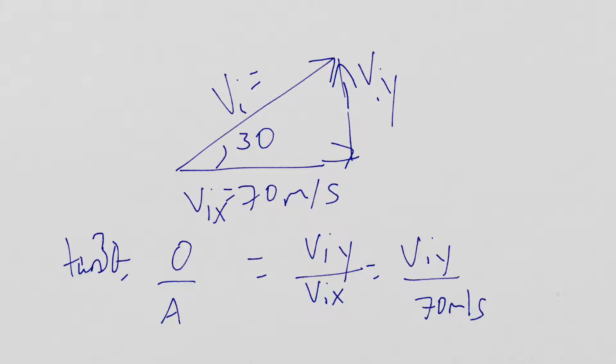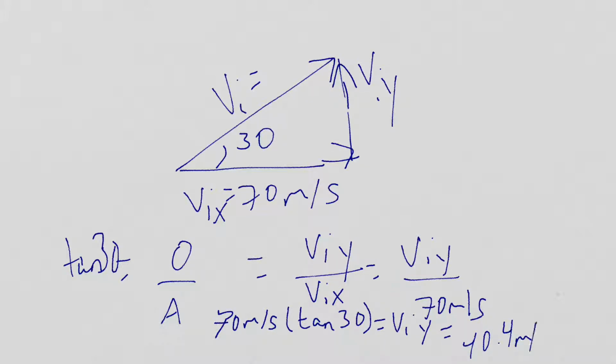So we can say 70 meters per second times tan 30 is equal to VIY, and that is equal to 40.4 meters per second. Okay.